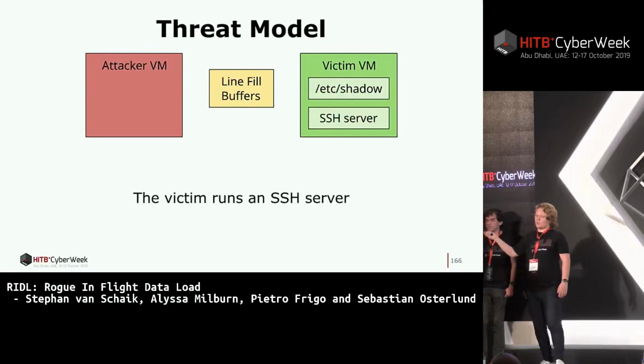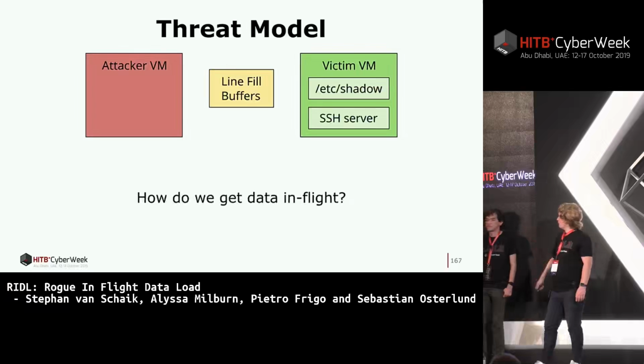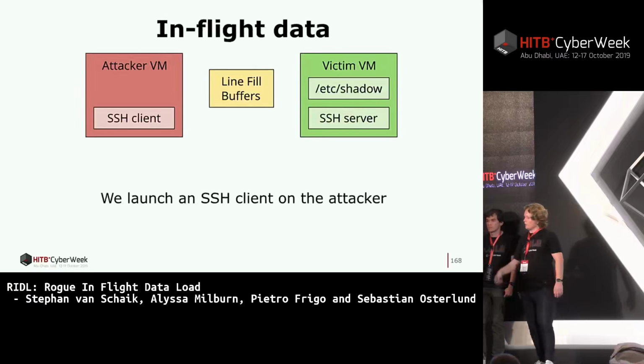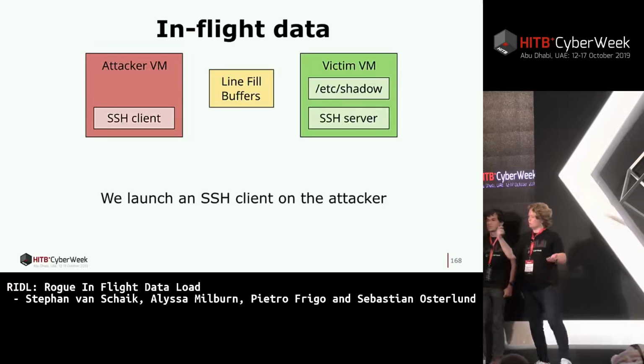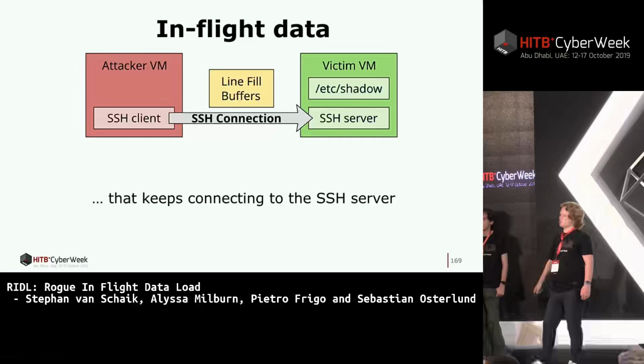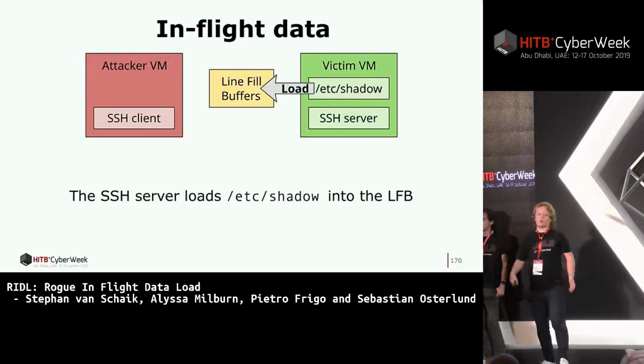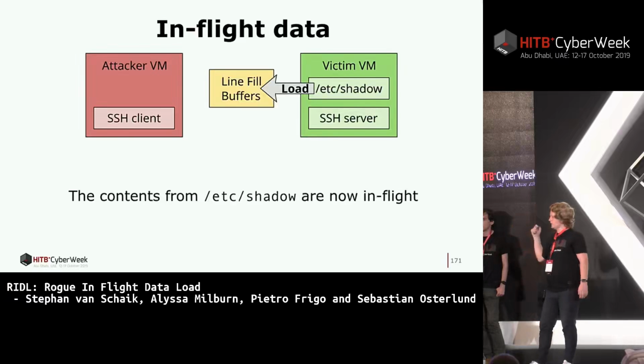On this victim VM, usually on a server, you're running an SSH server, right? One observation is that the SSH server reads the /etc/shadow file when it tries to authenticate the user. So how do we get /etc/shadow in flight? We launch an SSH client from our attacker VM and repeatedly open SSH connections to our victim, which, once it tries to authenticate, will load the /etc/shadow contents into the line fill buffers.